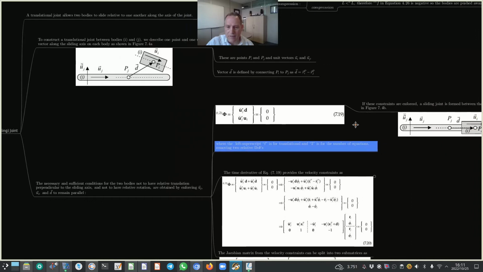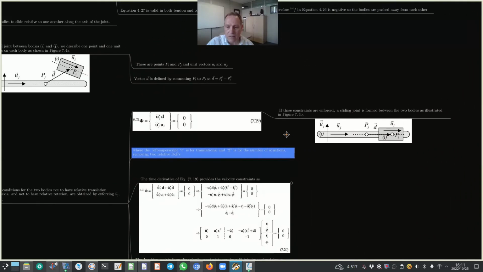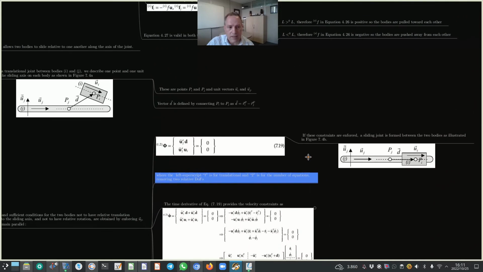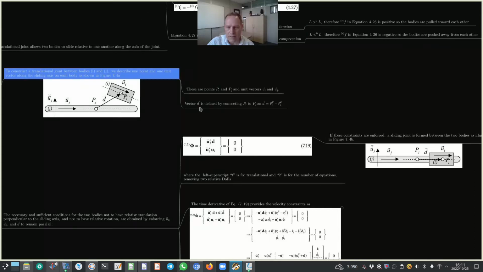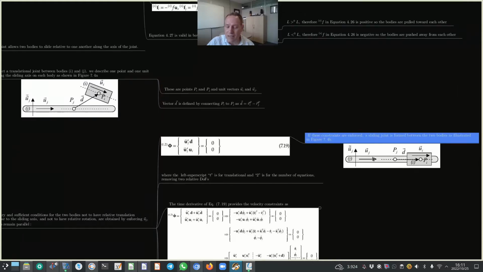Okay, now if these constraints are enforced, a sliding joint is formed between the two bodies as illustrated in figure 7.4b. Okay, now this ties up again with figure 7.4a. So this is in its exploded view, if you like. This is now in its assembled view.